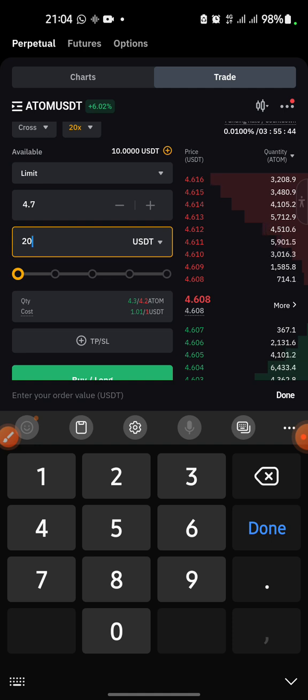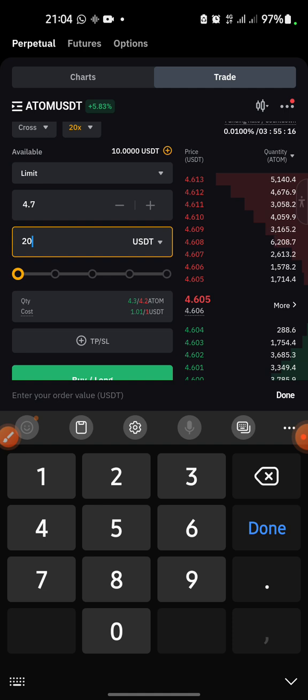So the amount we'll be entering the trade with is 1 USDT, but thanks to leverage trading, we'll be trading with 20 USDT and not the 1 USDT.